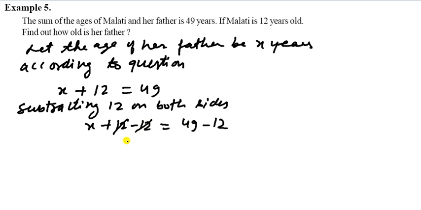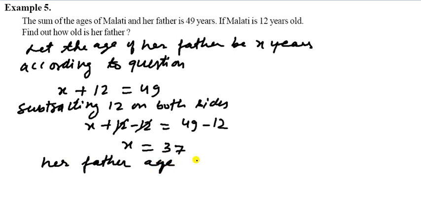So 12 will be cancelled out. So we get x equal to, 9 minus 2 is 7, 4 minus 1 is 3, 37. And her father is equal to 37. So that one is your answer.